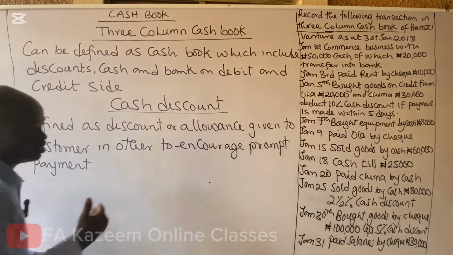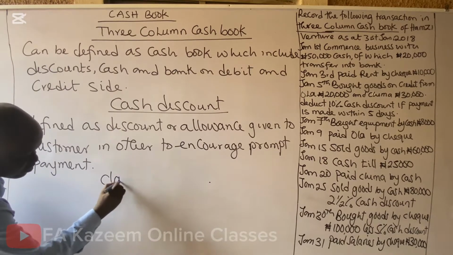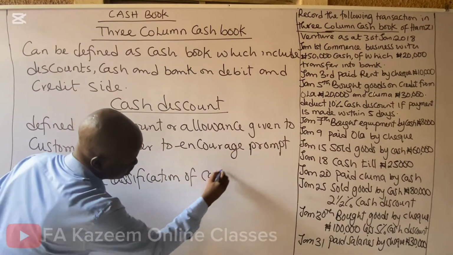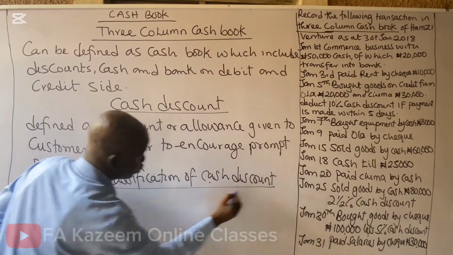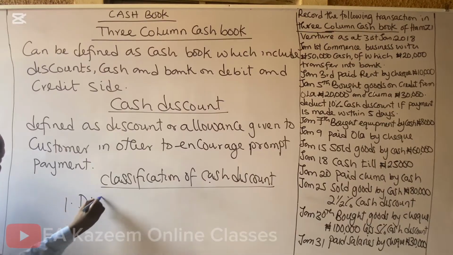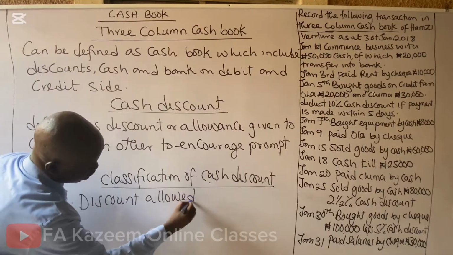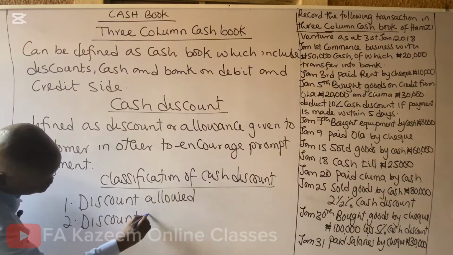Now, the cash discount, which we use to encourage customers to pay within a short period of time, is classified into two. Classification of cash discounts: we have one, discount allowed, and we also have two, discount received.